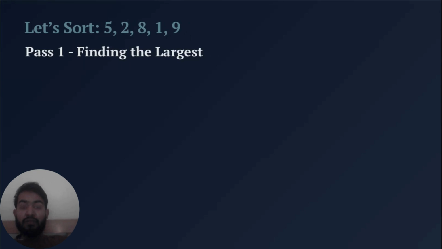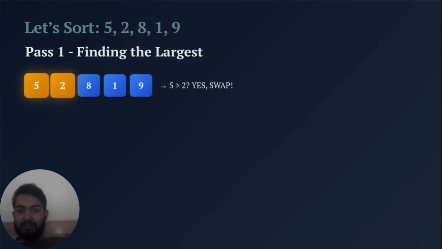We would like to sort in ascending order, from smallest to largest. So our goal is for the largest number to be on the right and the smallest number on the left.